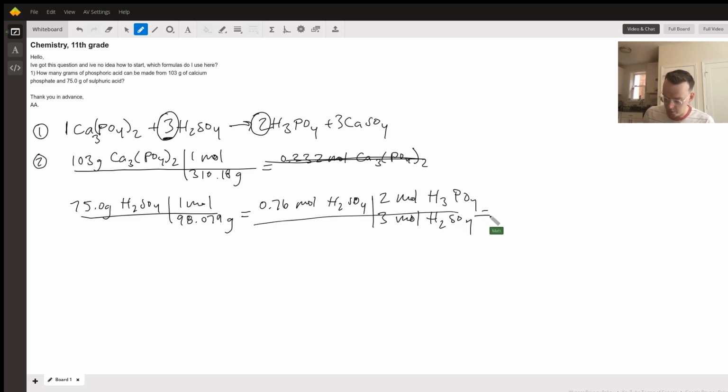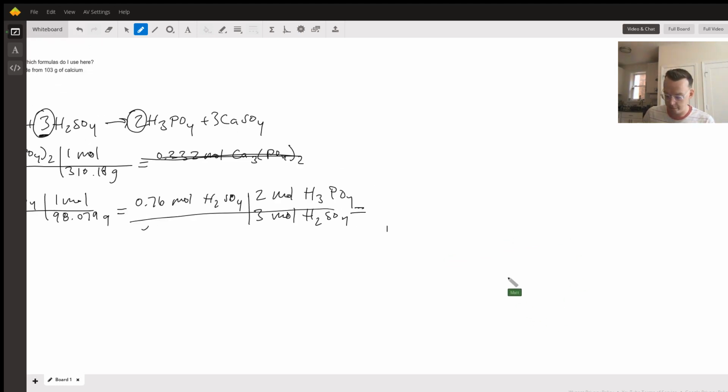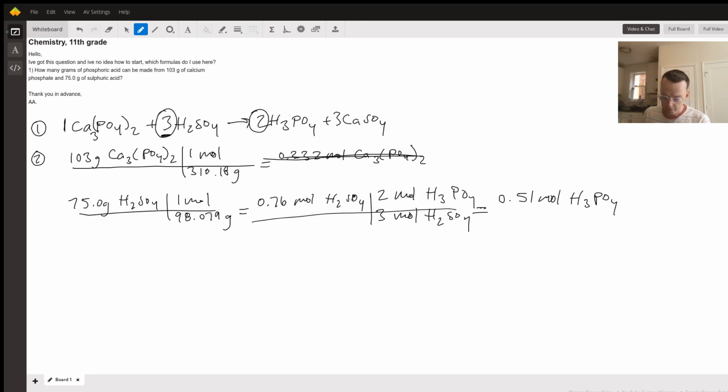And so when you multiply 0.76 times 2 divided by 3, what you end up with is 0.51 moles of product. Basically what just happened is we know we're dealing with 0.76 moles of our limiting reagent, and so when all that is used up in the reaction, we're going to end up with 0.51 moles of our product, phosphoric acid.